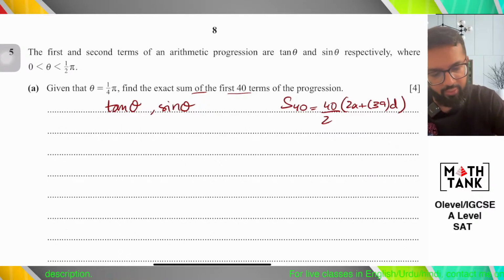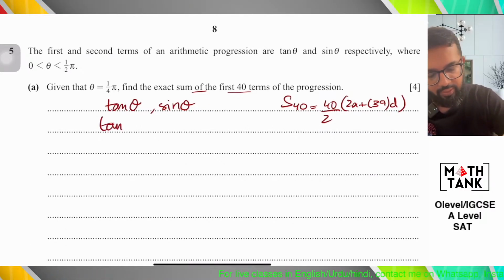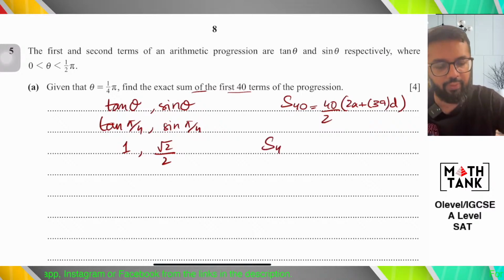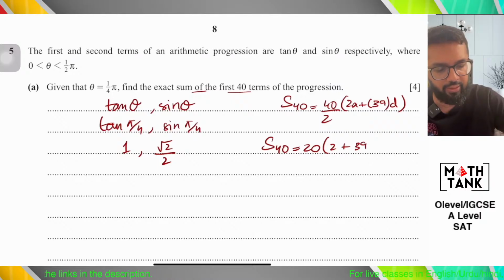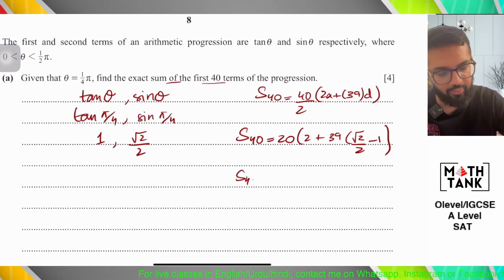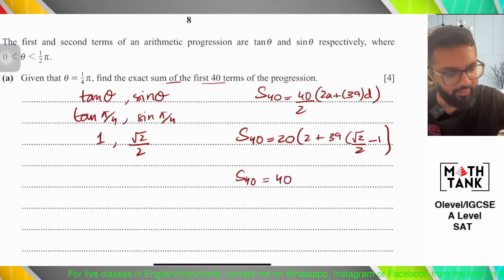Okay, so the first term is pi over 4 and the second is sin pi over 4, so root 2 over 2. So 40 terms is 20 times 2 plus 39 times root 2 over 2 minus 1. Exact sum means I want you to leave it in terms of pi and root.